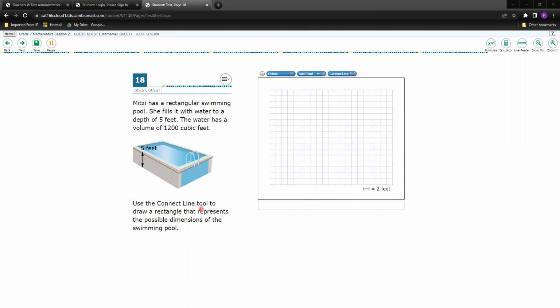We know the volume. The volume will be the length times width of the rectangle that we're talking about times the height or depth of the water, which is 5.